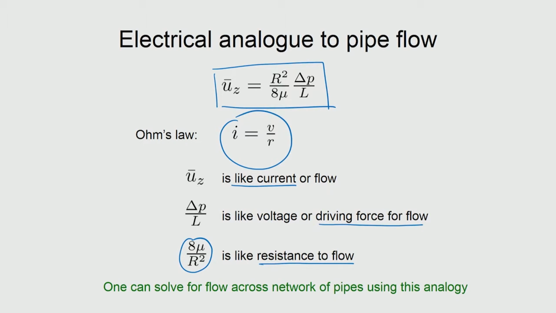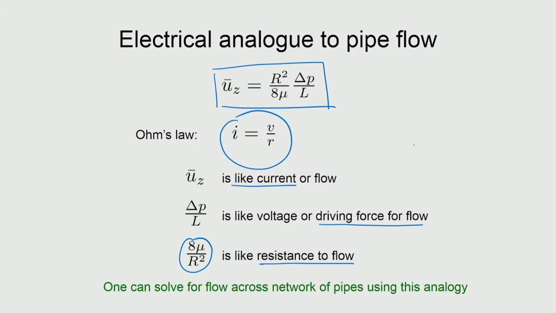Once you compare, you can already see that we have an electrical analog. The current is like the flow, the pressure drop per unit length is like the voltage, and we do have a quantity that comes like a resistance. So, just like one would solve circuit problems in electrical engineering, you could also do the same thing with pipe flows.